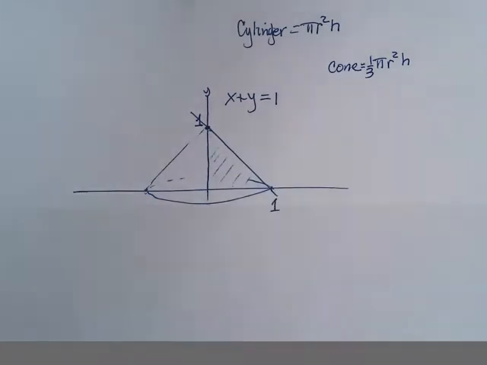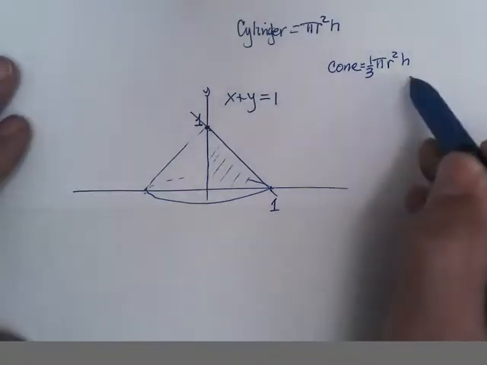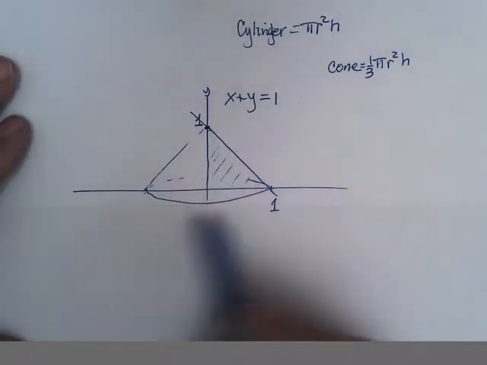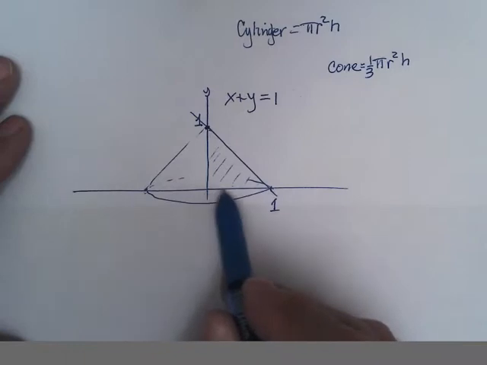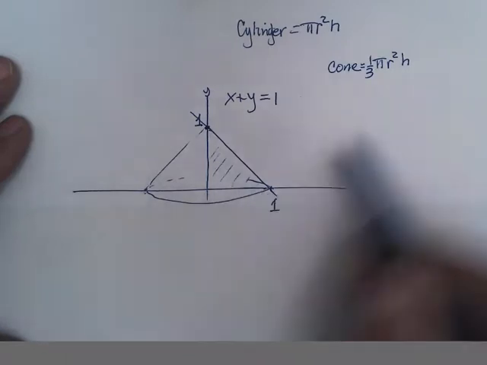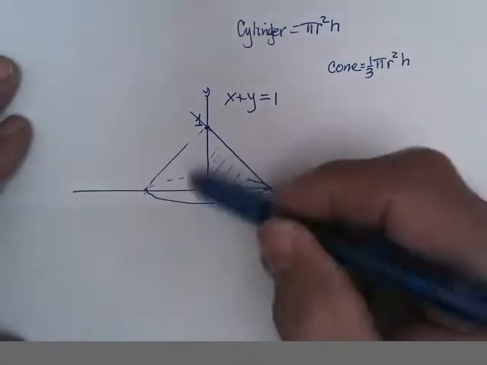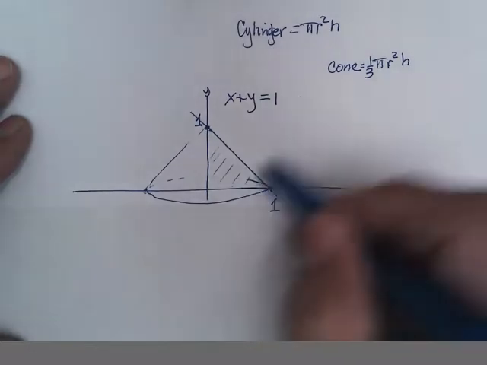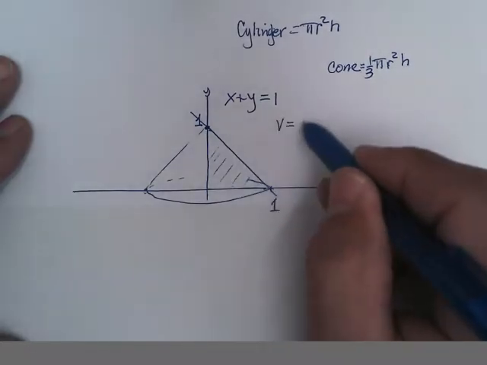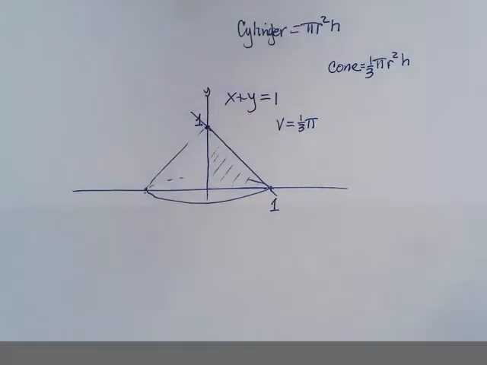The pyramid is 1/3 of the box, etc. So, the volume of this particular cone, see the radius of the bottom is 1, so 1 squared is 1, the height is 1, and so the volume of this one is 1/3 pi. But I want to come up with that answer doing calculus.